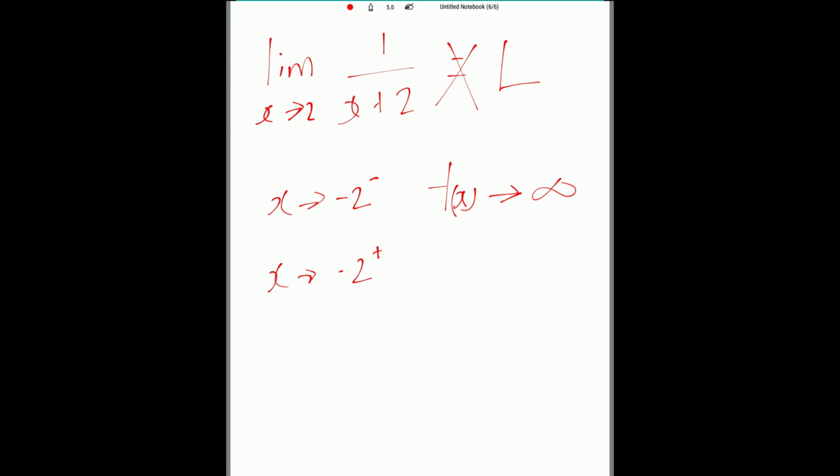So 1 over x plus 2 is just getting larger and larger, or smaller and smaller, as x approaches negative 2. And that implies to us that since there is no set number that f of x approaches as x approaches negative 2, then the limit of the function does not exist.